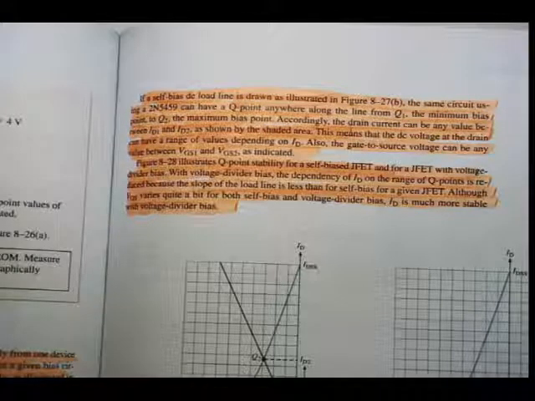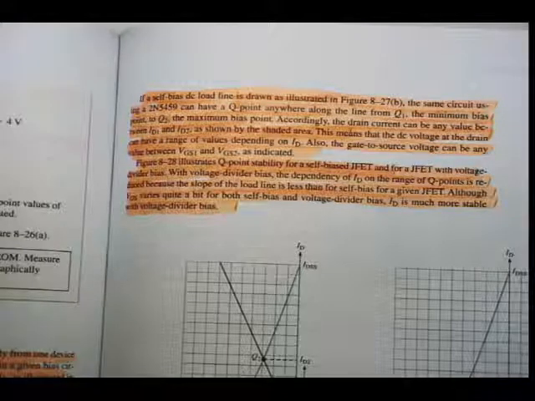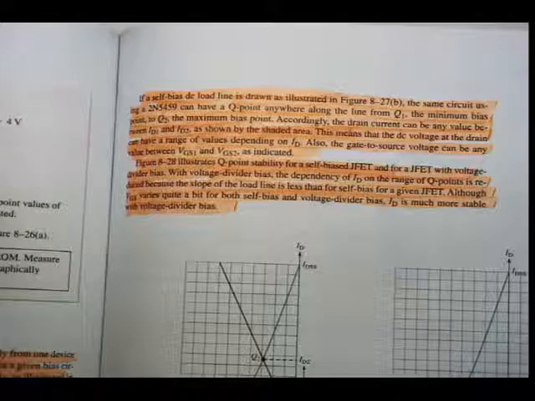Accordingly, the drain current can be any value between ID1 and ID2 as shown by the shaded area. This means that the DC voltage at the drain can have a range of values depending on ID. Also, the gate to source voltage can be any value between VGS1 and VGS2 as indicated. That was actually the previous figure that we looked at.